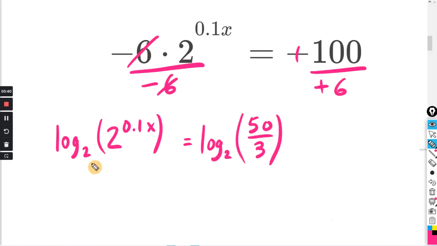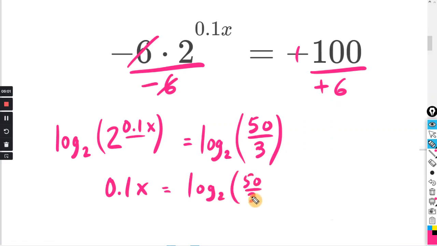On the left, when the base of the log matches the base of the argument, the answer is just the exponent. So this is just 0.1x, and that equals log base 2 of 50 over 3. Solving for x, this is times 0.1. The opposite is dividing by 0.1.